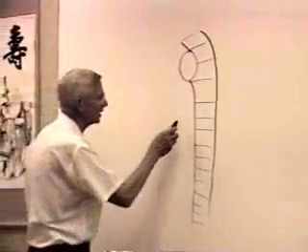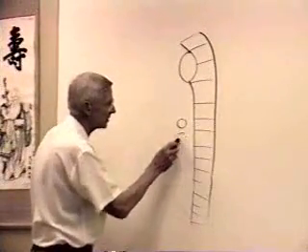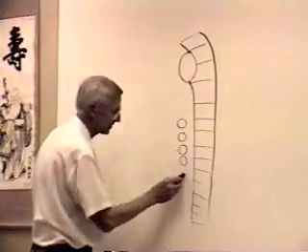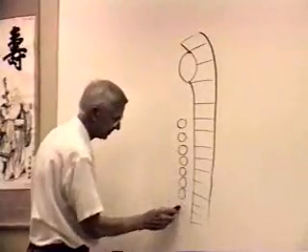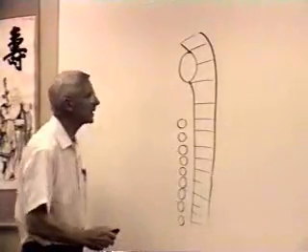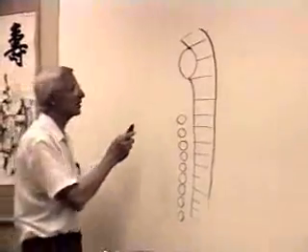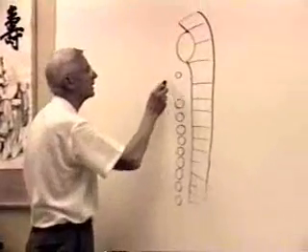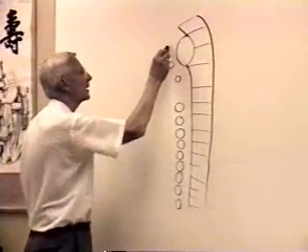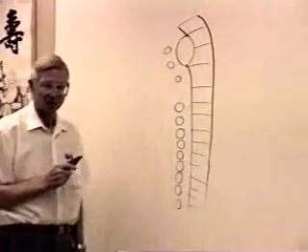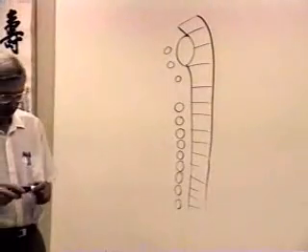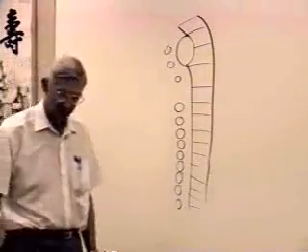With dorsal root ganglia for each of these spinal segments except for C1, and with ganglia that we'll come to as we need them for posterior hindbrain, middle hindbrain, anterior hindbrain, and a funny one in the midbrain, which we'll come to in a moment.